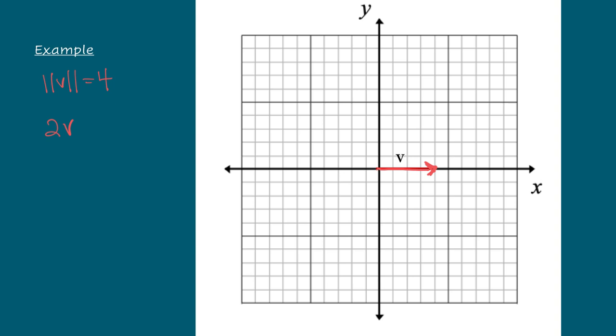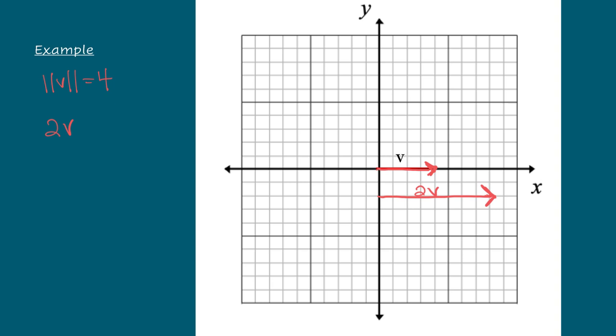So what I'm going to do is I'm going to multiply that vector by 2. So that means I'm just going to have it come out twice as long. So that means it's going to come out 1, 2, 3, 4, 5, 6, 7, 8. It's going to come out to here. So here is 2v.